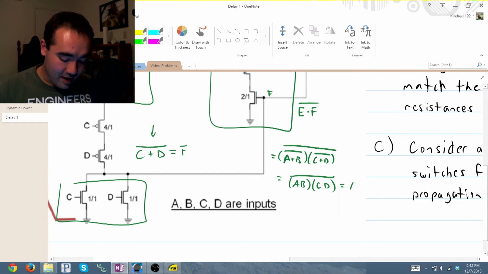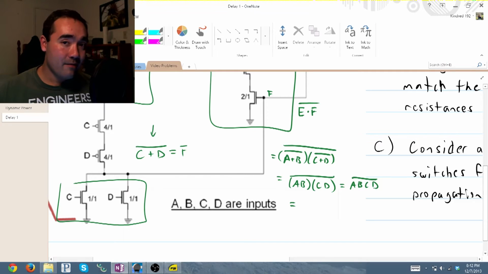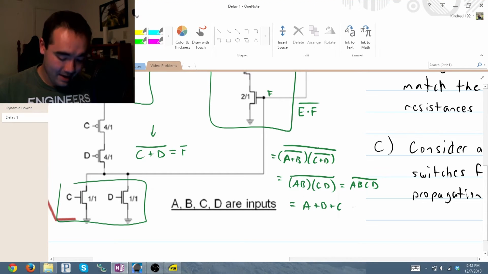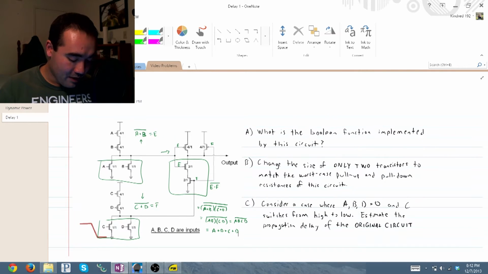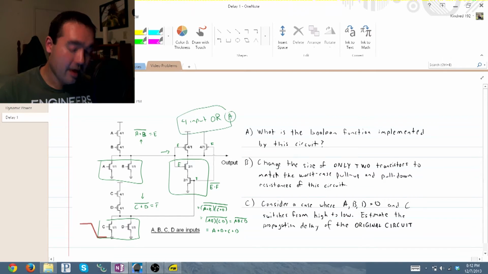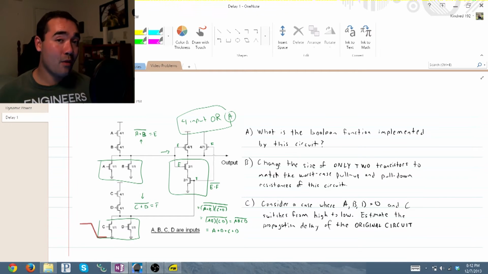We can rewrite this as A and B and C and D inverted, and you know that when you inverse these ANDs, you end up with A or B or C or D. Therefore, this circuit is a 4-input OR gate. There you go. So, that's the answer to A. We have a 4-input OR gate.